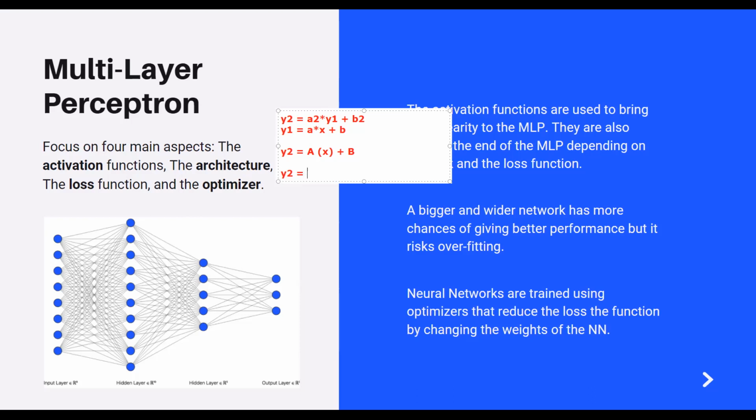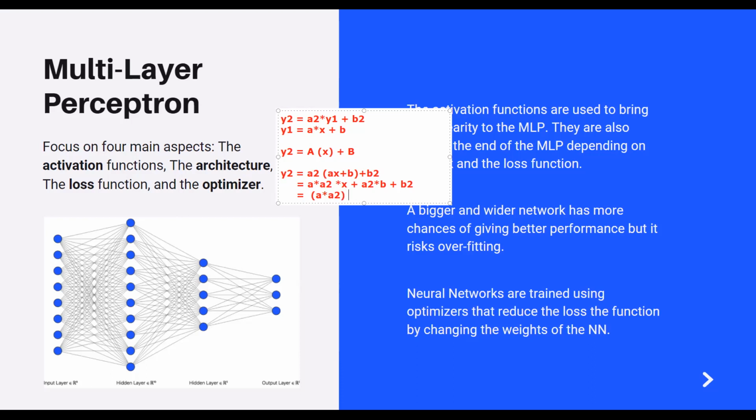So y2 equals a2 multiplied by (a1 x plus b1) plus b2, which is equal to a1 multiplied by a2 multiplied by x plus a2 multiplied by b1 plus b2, which is equal to a1 multiplied by a2.